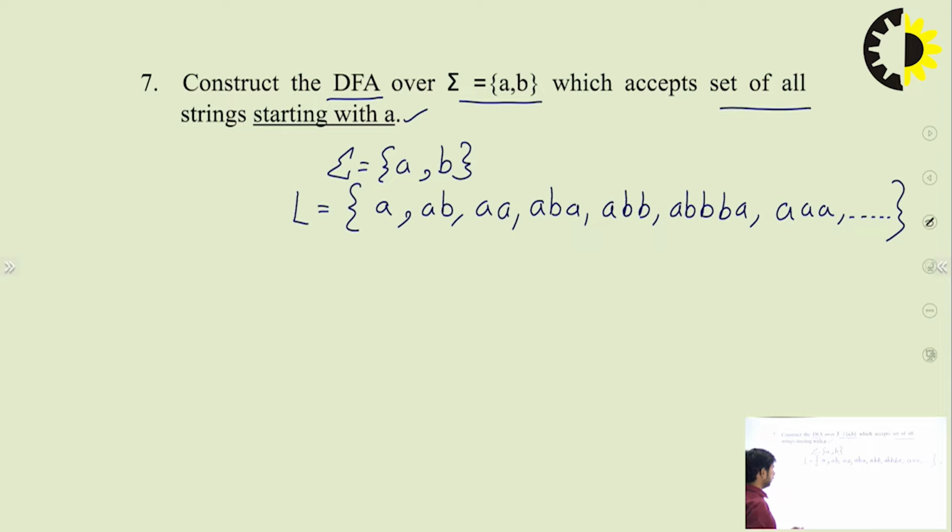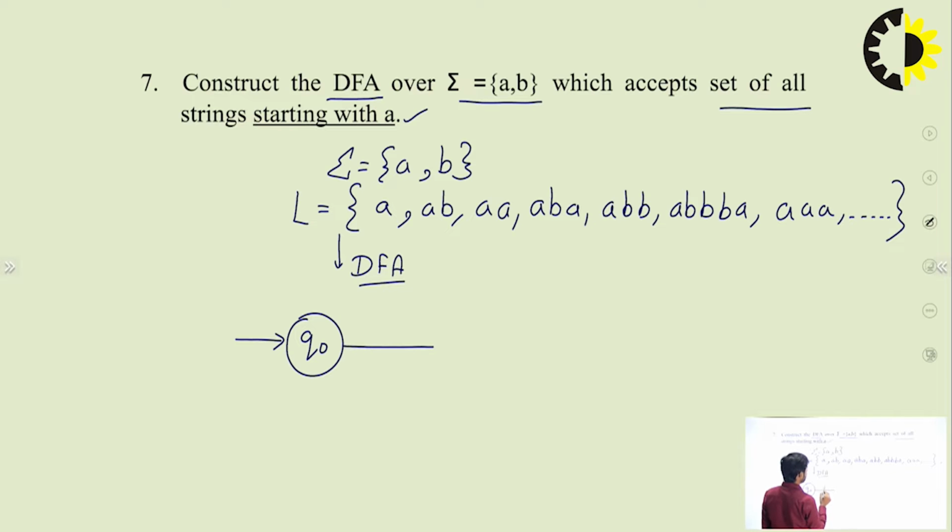So this is the required language, and we need to construct the corresponding DFA. Construct the basic DFA first. Q naught is the initial state, start with a.